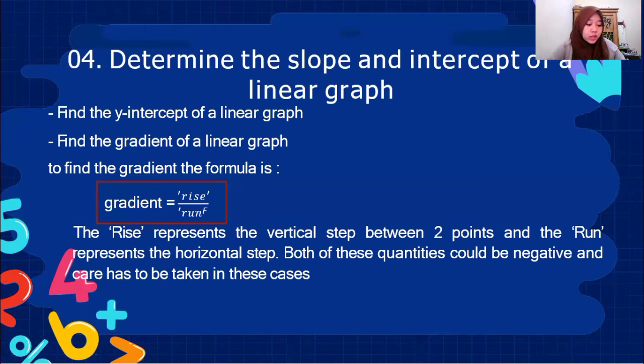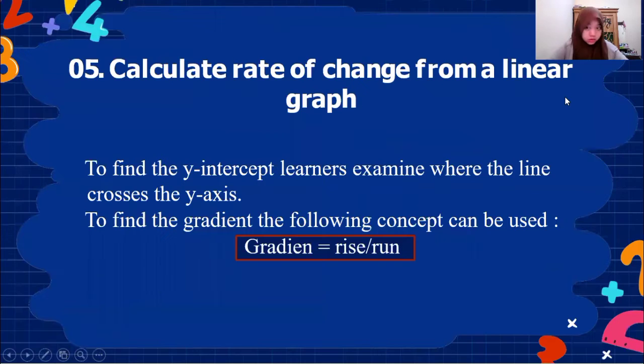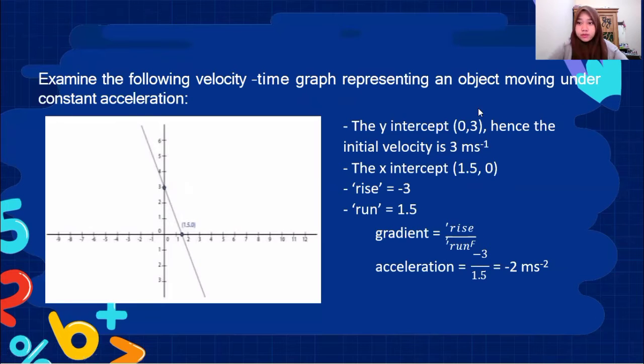In physics, we can use this formula to find the initial velocity and acceleration from a constant acceleration graph. So here we have a graph where the y-intercept is 3, hence the initial velocity is 3, and the x-intercept is 1.5.